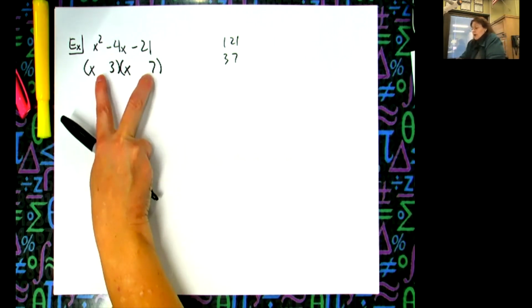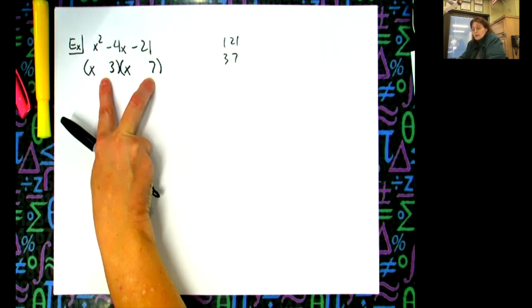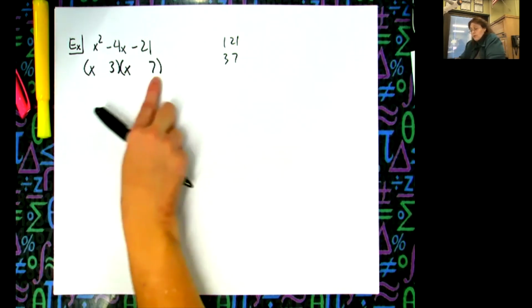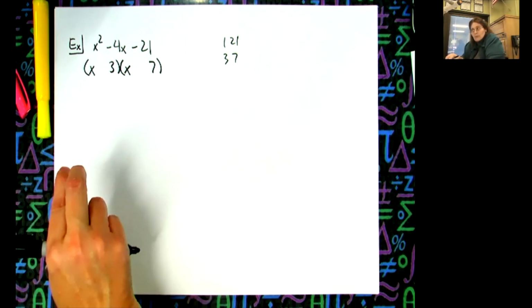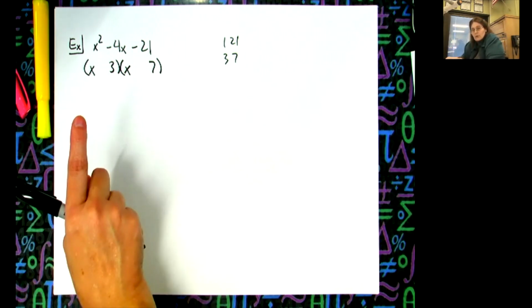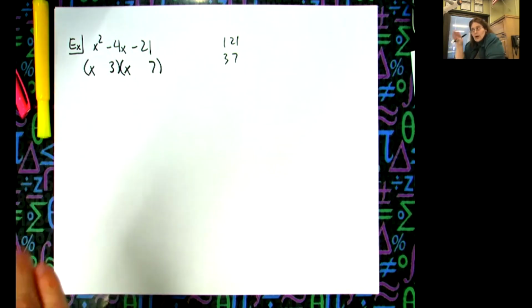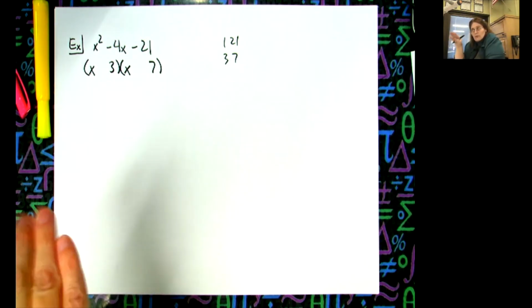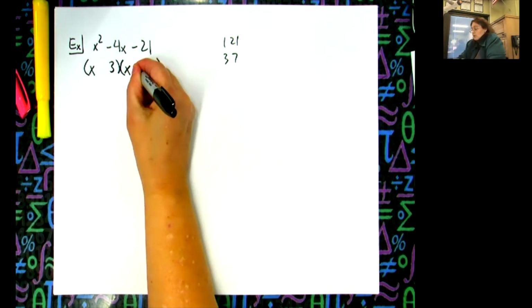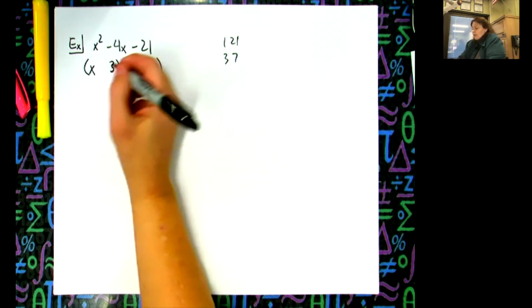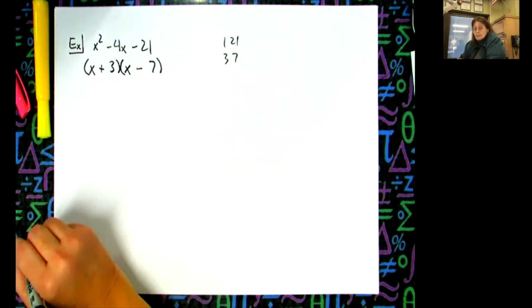In other words, I have to have unlike signs to get negative 21, so one has to be positive and one has to be negative. But when I add them, I need negative 4. When I'm adding positive and negative numbers, I subtract and use the sign of the larger, which means the 7 is the one that's got to be the negative. The 3 has to be the positive one.